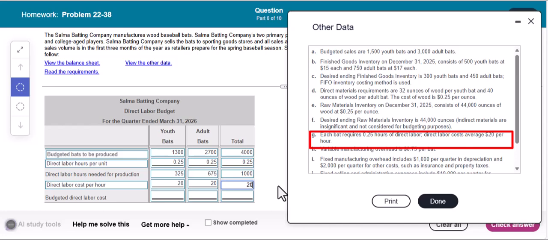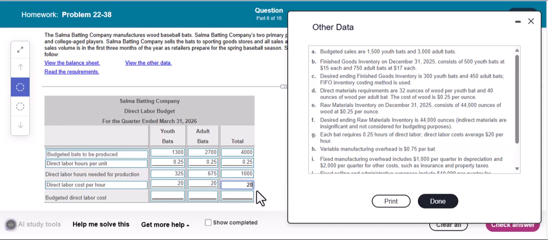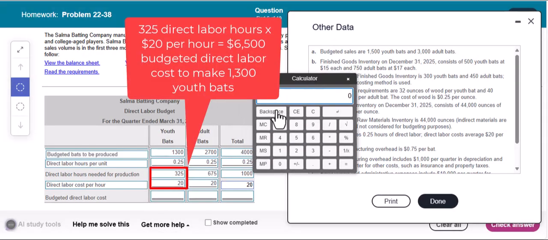Then it's going to want us to calculate the budgeted direct labor cost. That is going to be these direct labor hours needed for production multiplied by the direct labor cost per hour. If you'd like to see that in practice, we'll get our calculator out. For the youth bats, we're going to take that 325 direct labor hours needed for production for these 1,300 bats, and multiply that by the $20 direct labor cost per hour.